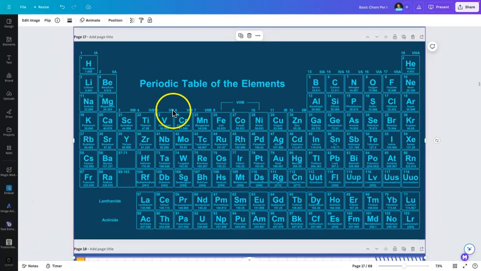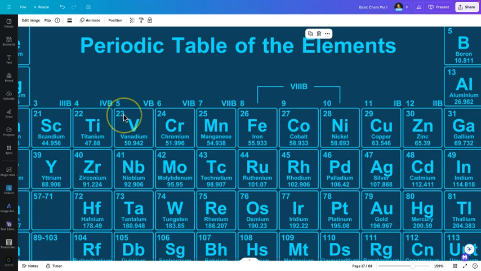If I give you this periodic table and I ask you, vanadium, tell me what the number of protons is. How do you figure that out? Raise your hand if you could tell me. Yes. It's on the top, because what is this number on the top? The atomic number. And protons equal the atomic number.